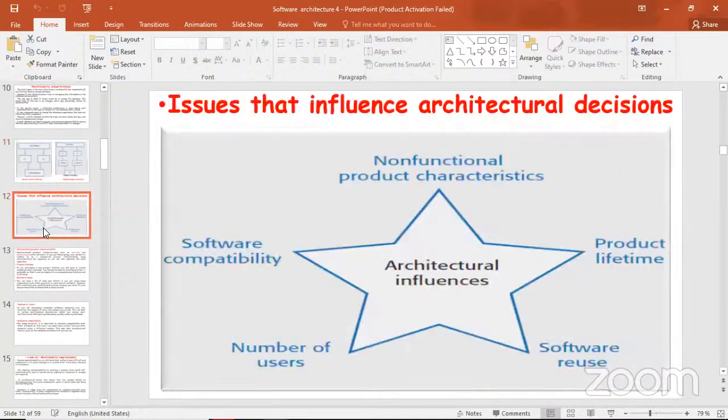So let's continue. Issues that influence architectural decisions: we have the non-functional product characteristics, the software compatibility, the number of users, software reuse, then the lifetime of the product. So let's look at that.